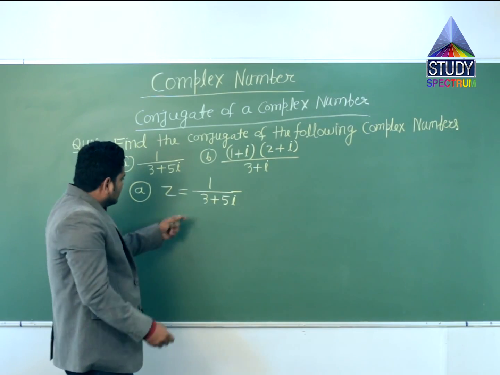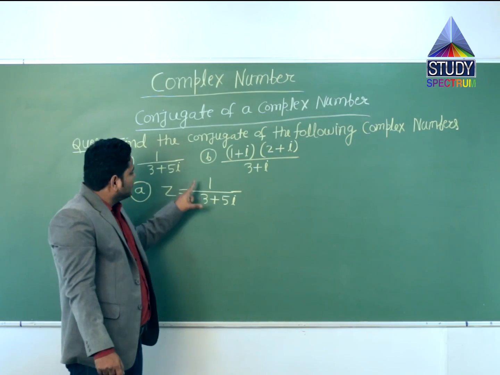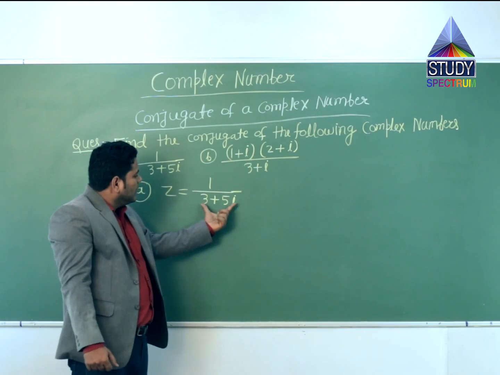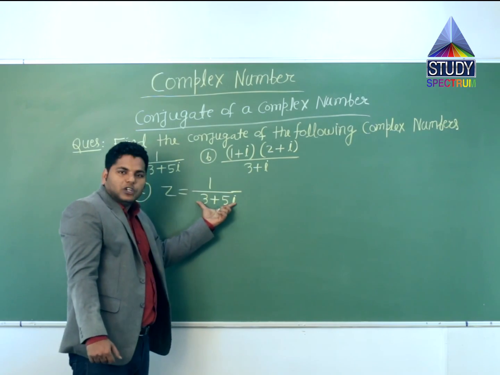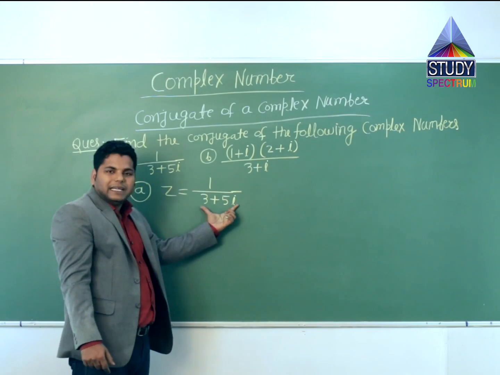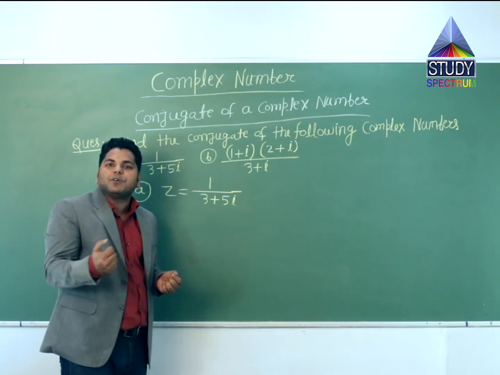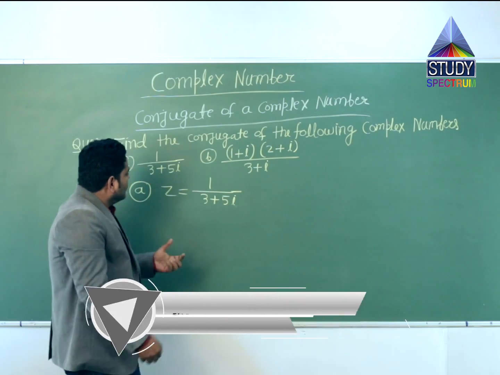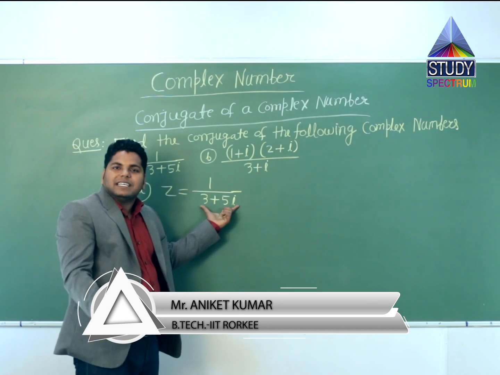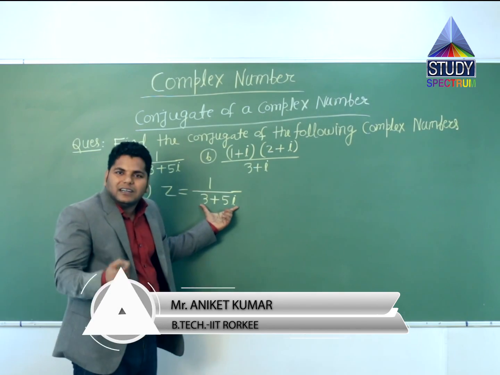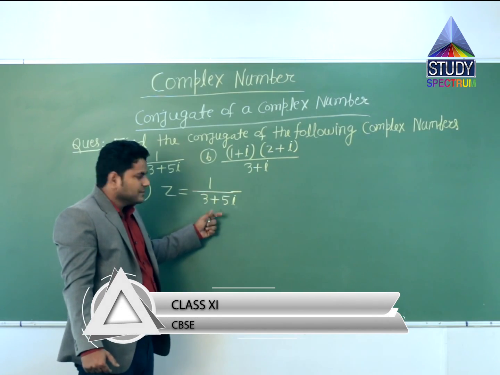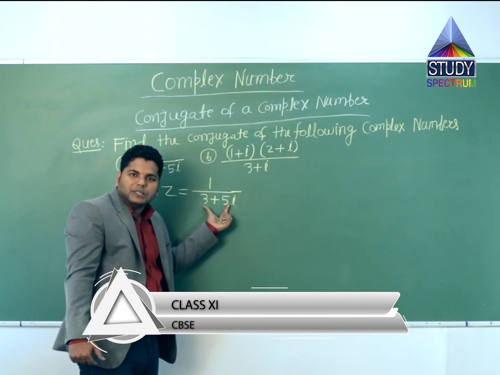So to convert this into the form a plus ib, or you can say x plus iy, we have to make the denominator a rational number. It means we have to make the denominator free from i. For eliminating i from the denominator, we multiply numerator and denominator by changing the sign between these two terms.